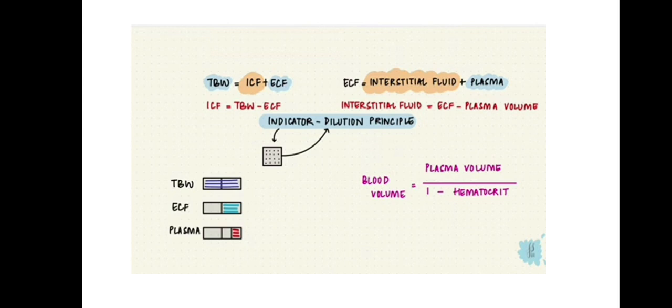Now, what if we want to measure the ECF, the extracellular fluid? Remember, we have this total body water, but we are only interested in the extracellular. So if we inject this person a specific dye, as you can see here, this dye should not be able to cross the cell membrane because we only want to concentrate on the extracellular fluid.